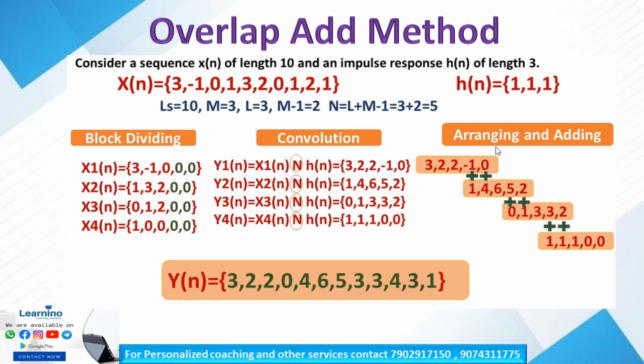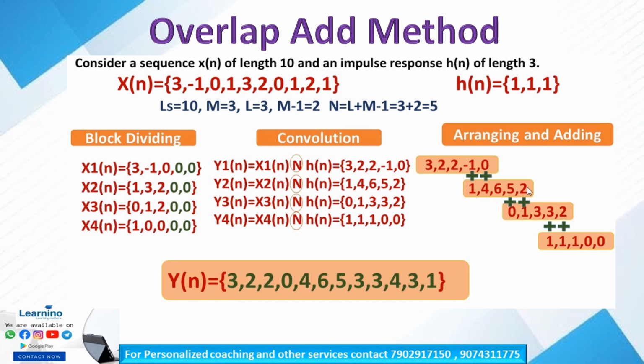And the last stage is arranging and adding. Here, first we have to arrange the convoluted results as follows. Then we have to add the 2 data points, the last 2 points from the first result and the first 2 points from the second result.